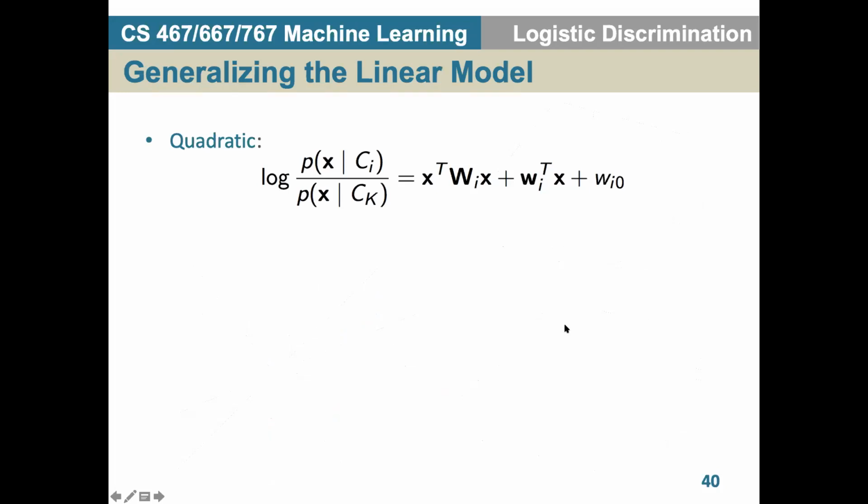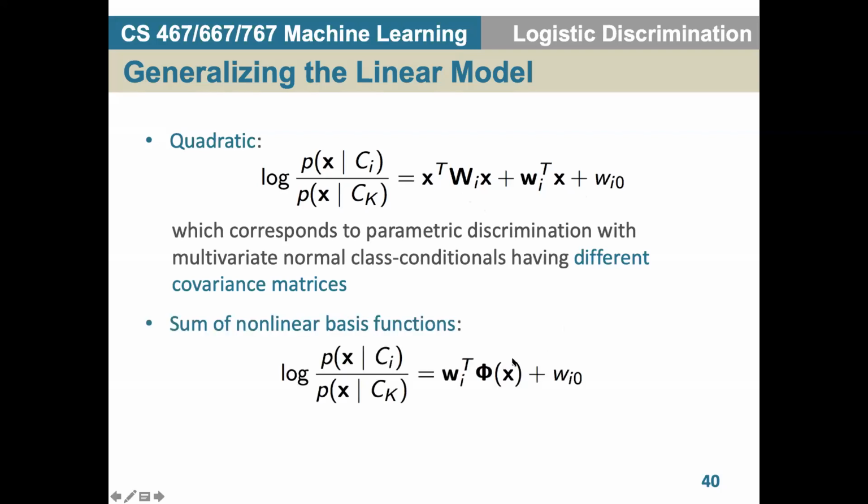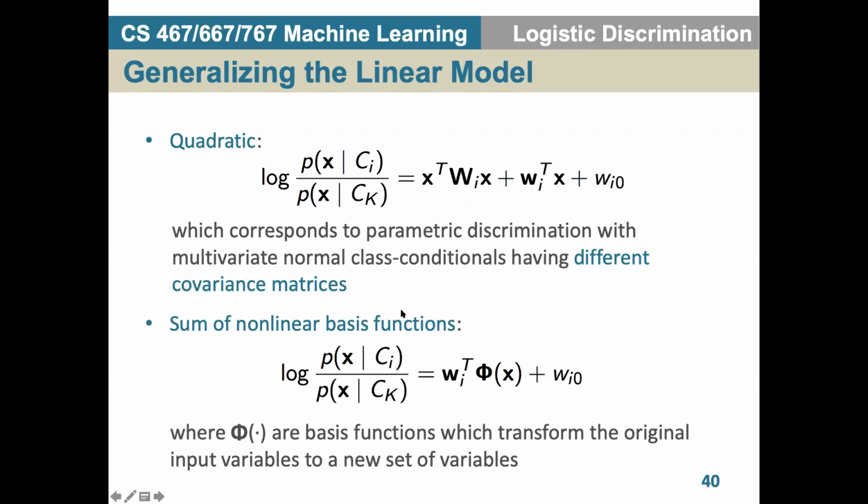In general, we can go beyond a linear function for the logit. The logit can be a quadratic function, and you can also have features that are basis functions, like sine x, x1, x2, x1 squared, so you can make more complicated logistic regression functions.